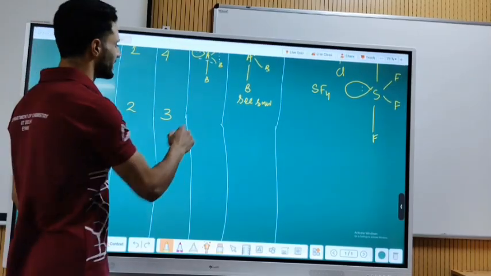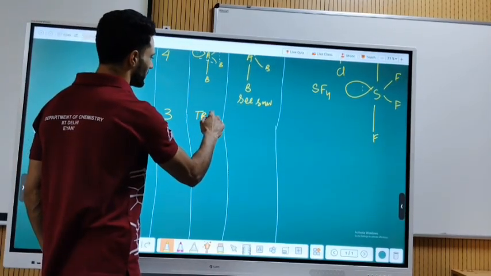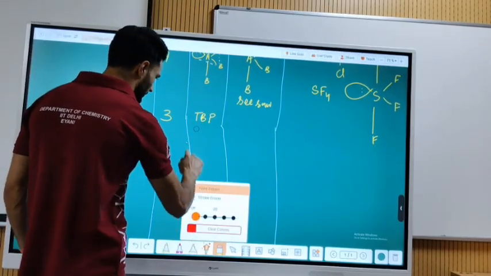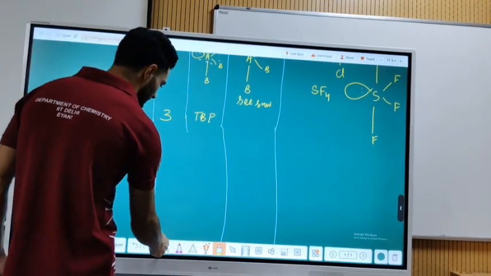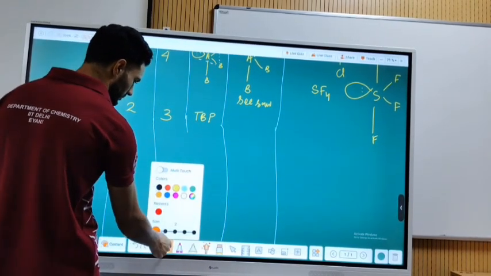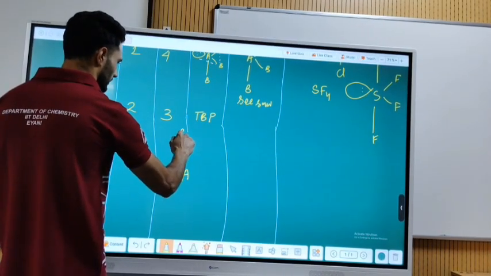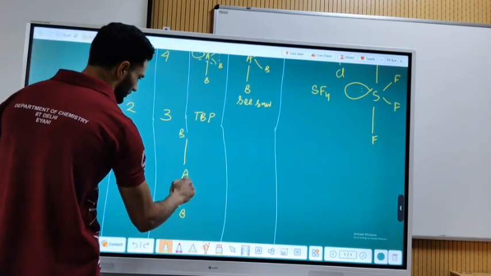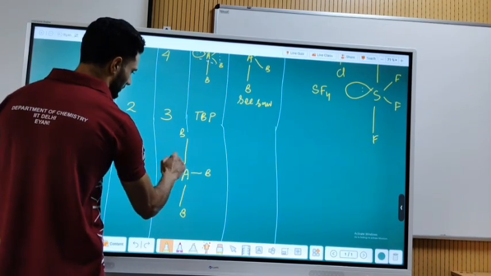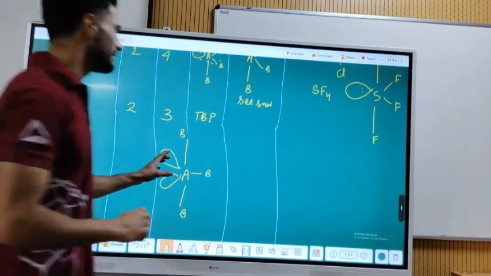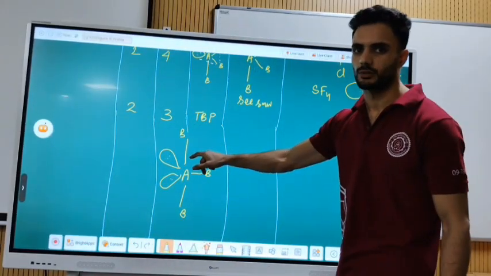The geometry will be the same, trigonal bipyramidal, so we replace the lone pairs here. This geometry is also called trigonal bipyramidal.